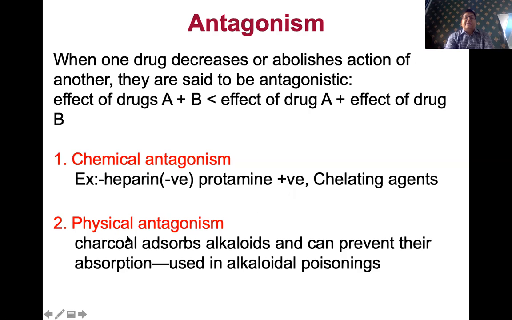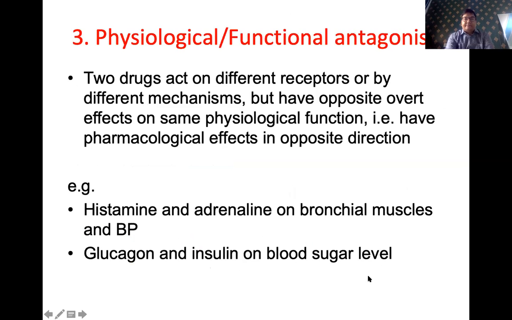Then we have the physical antagonism, where due to the physical properties of the drug, they act as antagonists for the other drug. Like activated charcoal, it adsorbs alkaloids and can prevent their absorption. So they are used in alkaloid poisoning.